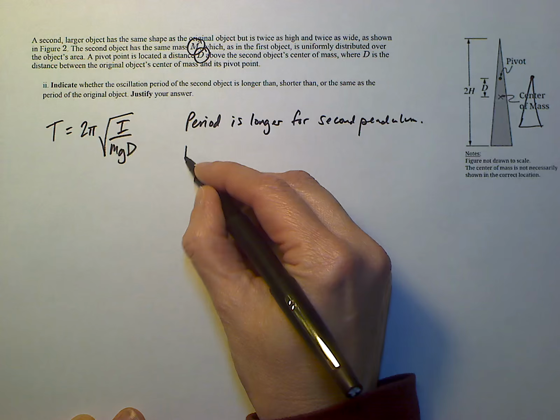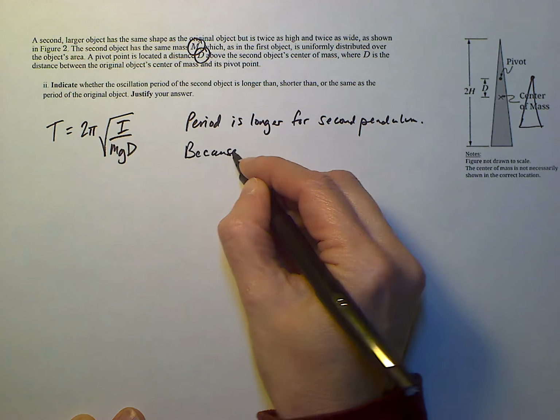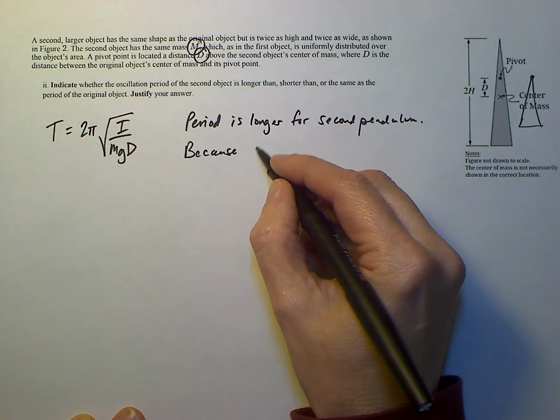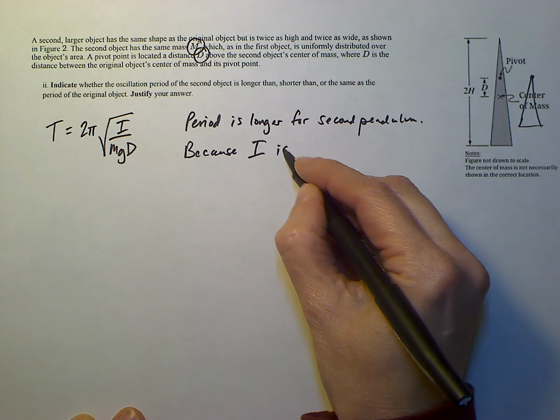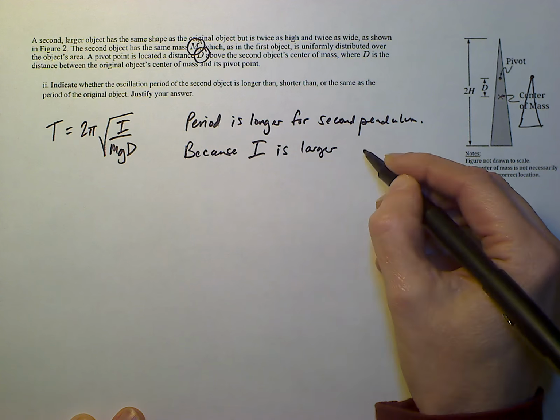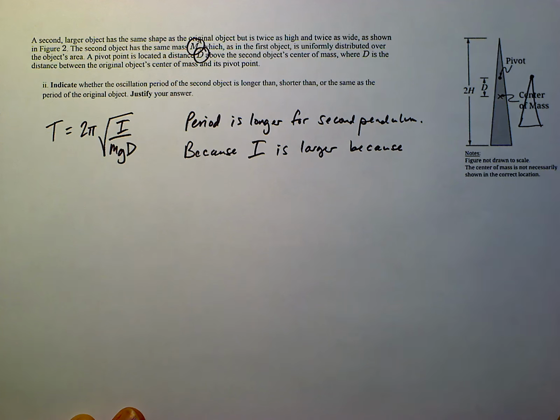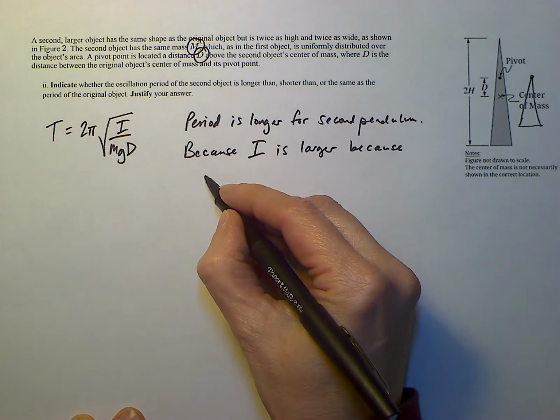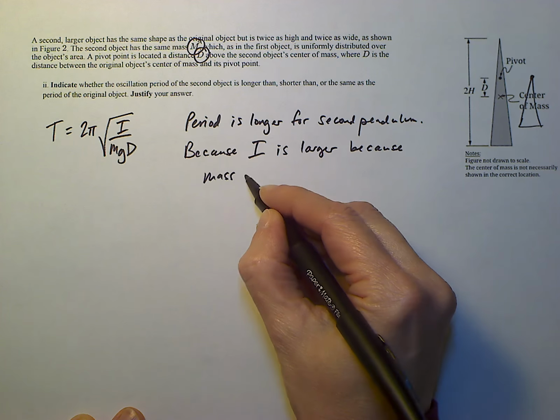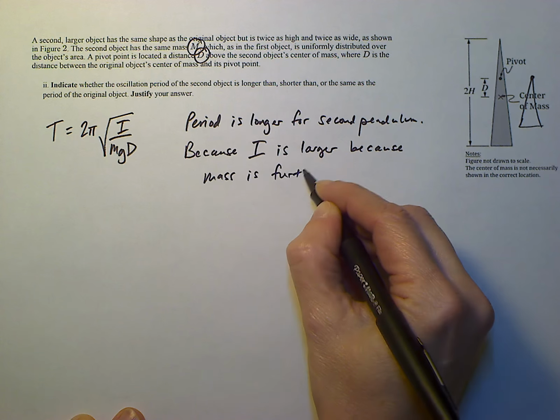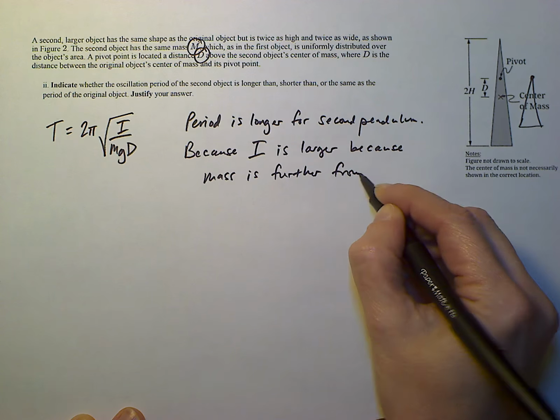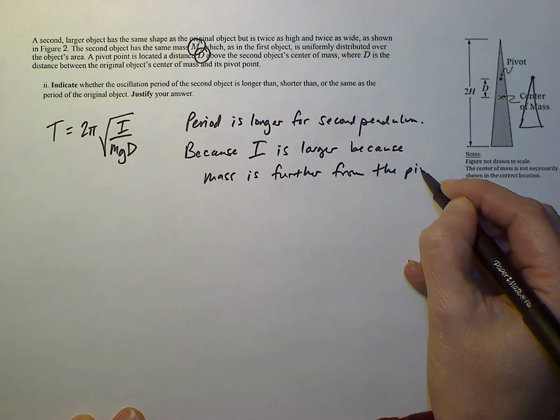And it's because, so I need to give a justification, because I is larger, because, this isn't really good grammar, but oh well, I is larger because the mass is further from the pivot.